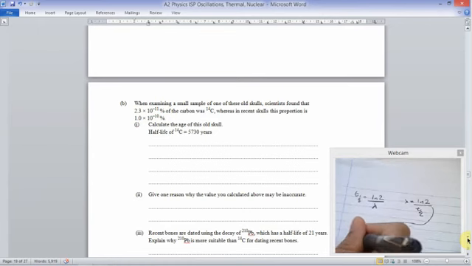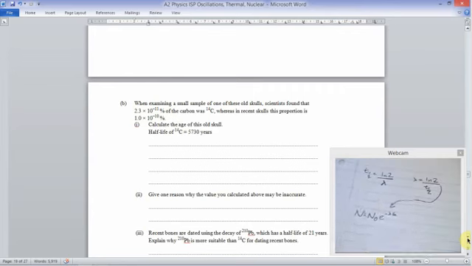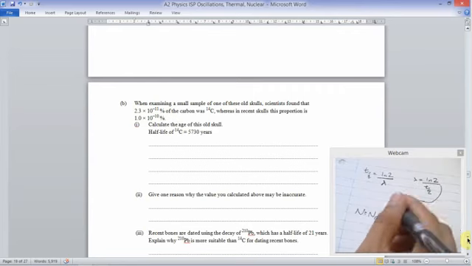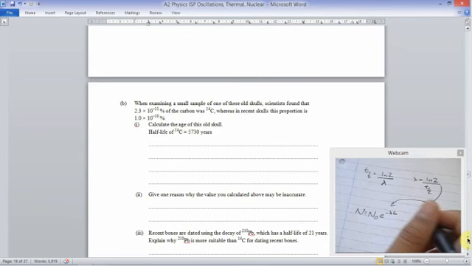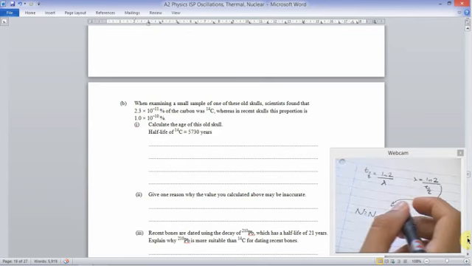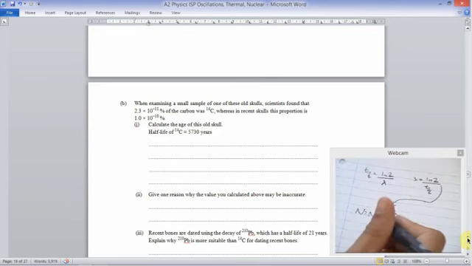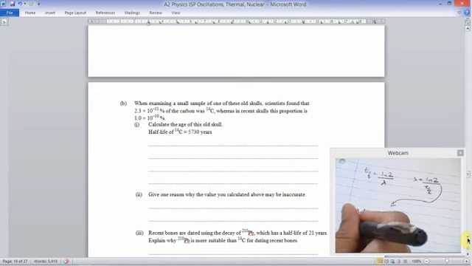Then we've got N is equal to N naught e to the minus lambda t. Our lambda is now going to be the value from over there, and our t is what we want. Let's rearrange this for t to make it easy to begin with. So t, we need to get by itself.